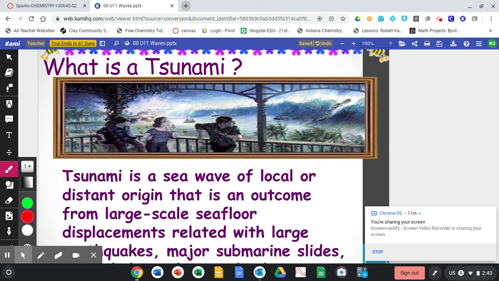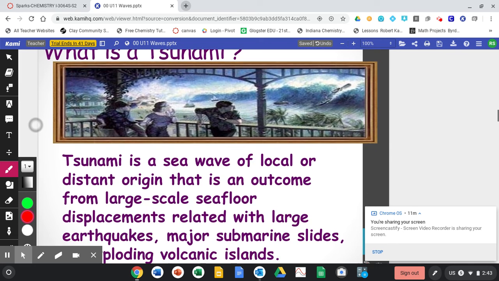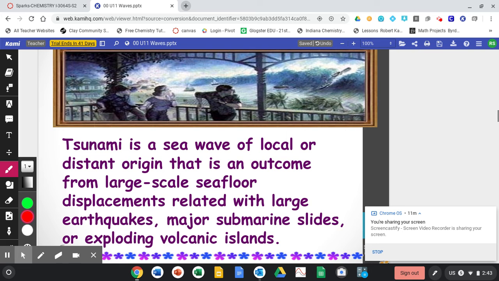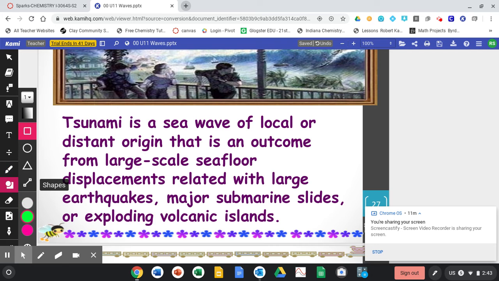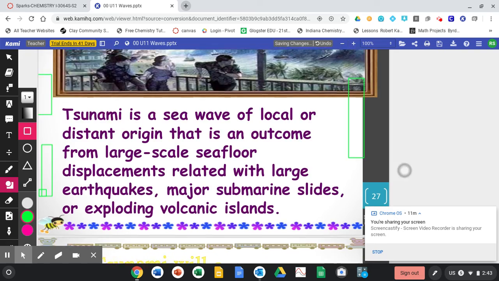And then, of course, sometimes a direct result of an earthquake is a tsunami. It's a sea wave of local or distant origin that is an outcome from a large-scale seafloor displacement, again, usually related with large earthquakes or major submarine, meaning below the ocean, slides, or even exploding volcanic islands can result in this.